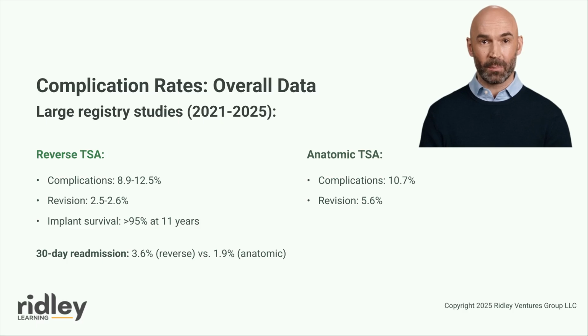The most frequent complications following reverse arthroplasty are scapular notching at 14.4%, periprosthetic fracture at 0.8%, glenoid loosening at 0.7%, and prosthetic dislocation at 0.7%, with infection occurring in approximately 1 to 2% of cases. Implant survival rates for reverse arthroplasty exceed 95% at 11 years in most contemporary series, reflecting substantial improvements in prosthetic design, surgical technique, and patient selection over the past decade.